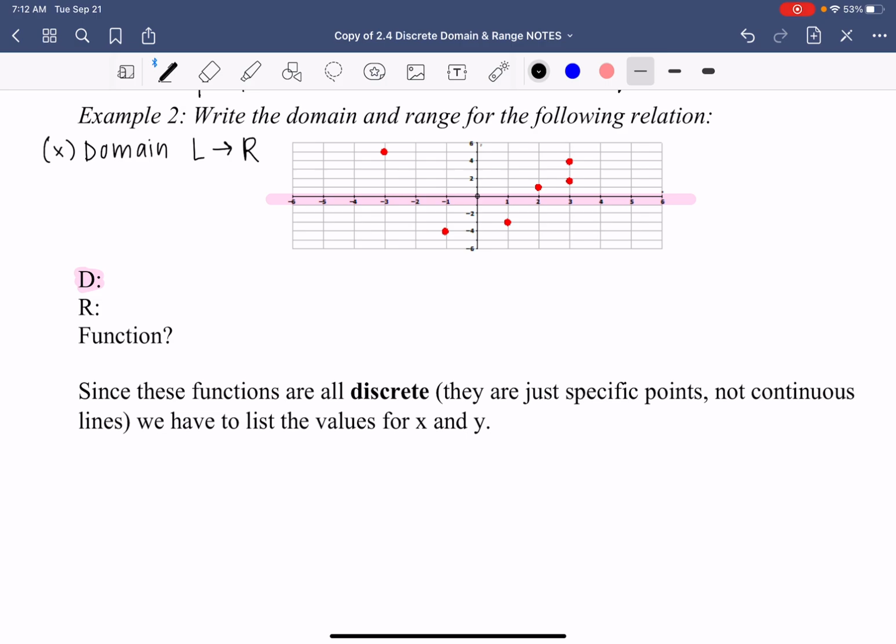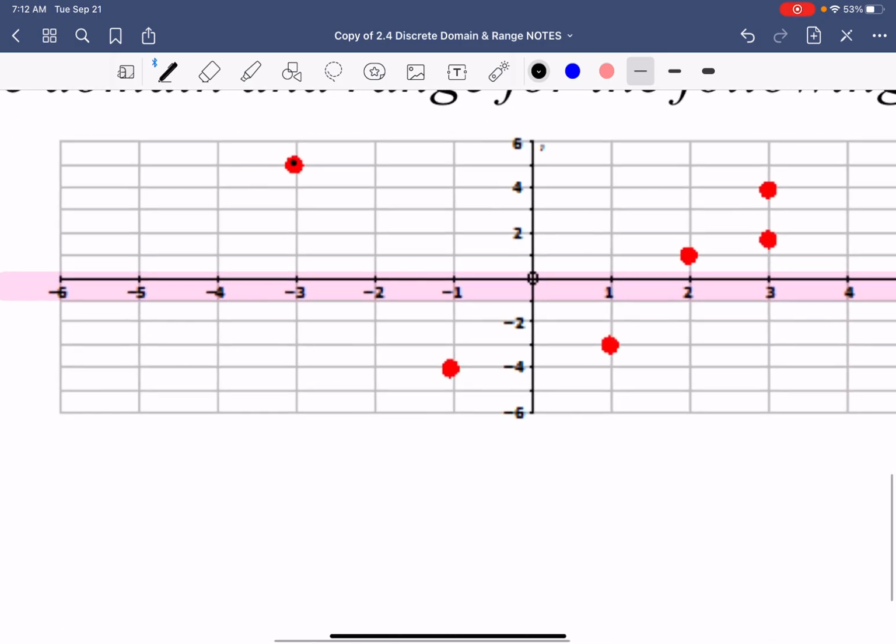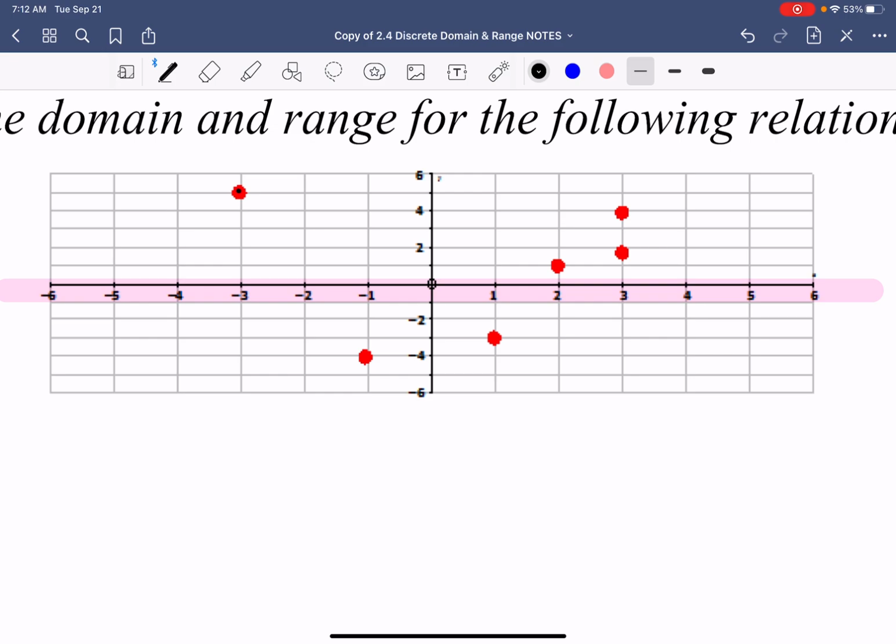This first point right here is at -3. This point right here, if we're looking at the x-axis, is at -1. This point is at 1. This point's at 2. This point's at 3, and so is this point.